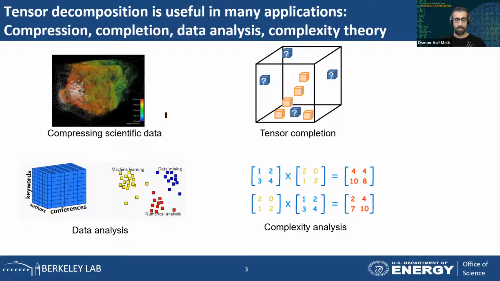And a fourth application, which is a little bit surprising perhaps, is complexity analysis. So there's a very intimate connection between certain kinds of tensor decomposition and complexity, in particular between, say, the CP tensor decomposition and the problem of finding faster matrix multiplication algorithms.